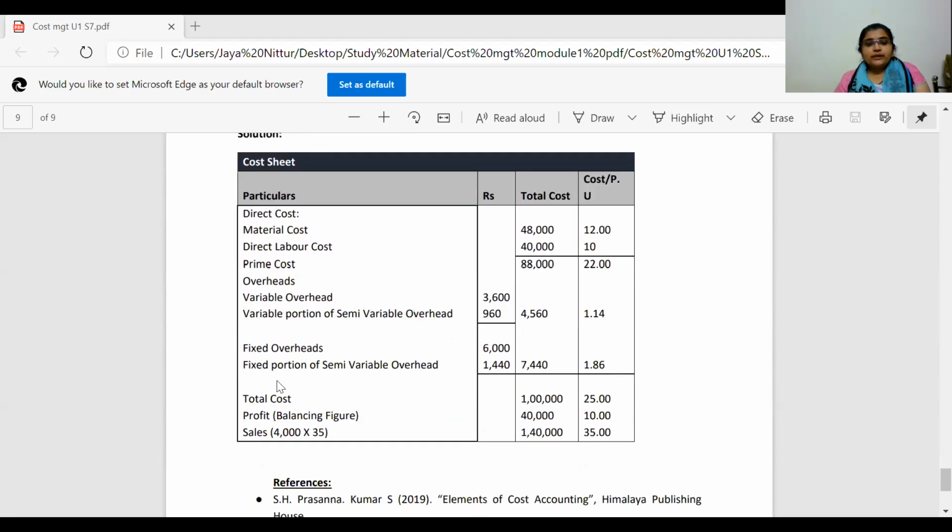Like that we need to add all the expenses. Then we get the balancing figure of 40,000 as profit, per unit 10.